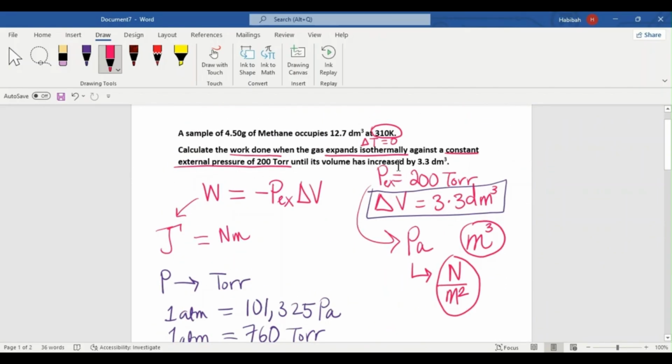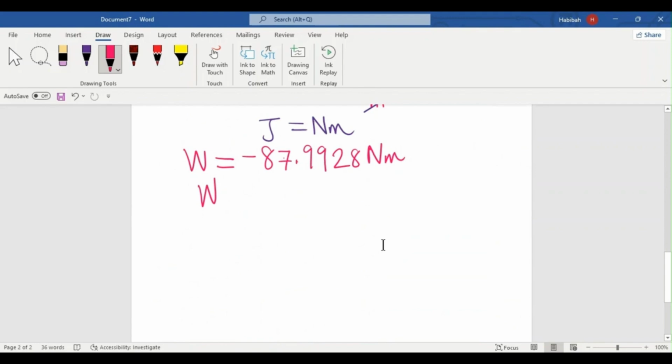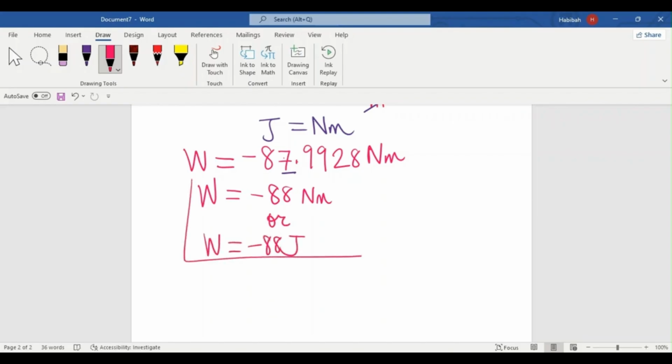We've got 200 torr in 3 sig figs, and 3.3 dm cubed in 2 sig figs. 2 sig figs is less than 3, so we use the lesser number of significant figures. So that would be negative 88 Newton meter, or W equals negative 88 joules. And this is basically the answer to the question.